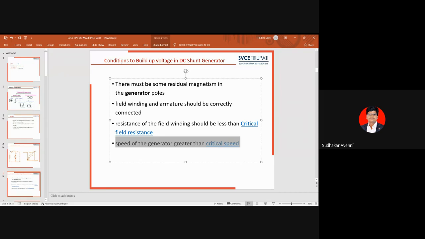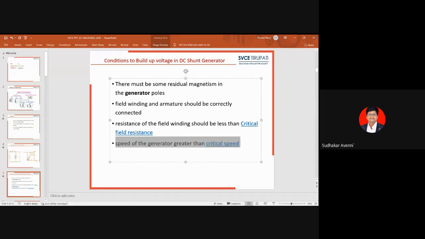Sometimes they ask questions: what are the conditions under which the generator fails to build up the voltage? These same four conditions are important. If the generator fails to build up, there is a chance there is no residual magnetism, or the shunt field winding and armature windings are not properly connected.